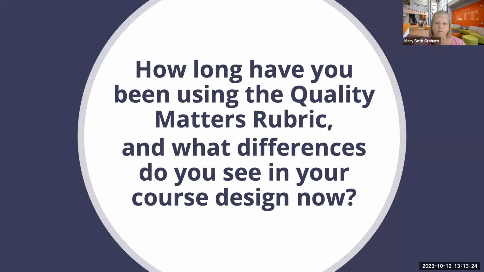As an example, we utilize specific and measurable learning objectives and make sure they are written in a way that students can see, by the end of the course or by the end of a particular module, what they'll be able to do.